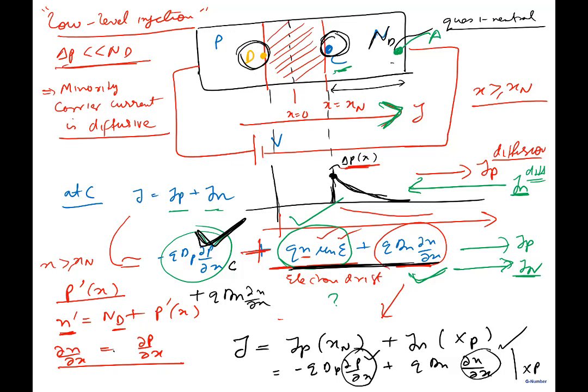Right? Now, let's understand. There are people who say current in a PN junction is diffusive. The current in a PN junction is a diffusion current. Okay? Let's write it down. Current in a PN junction is diffusion current.